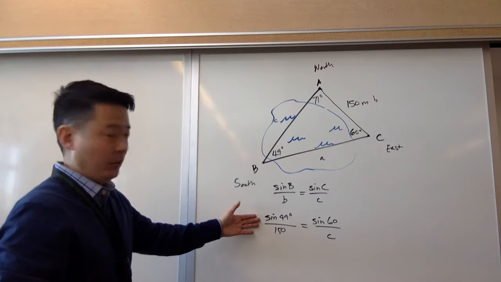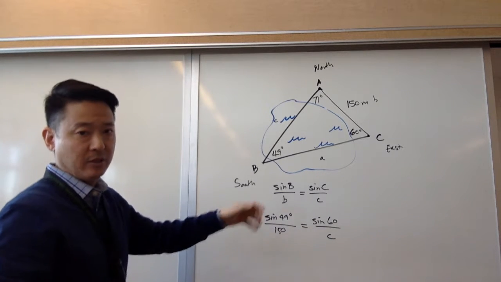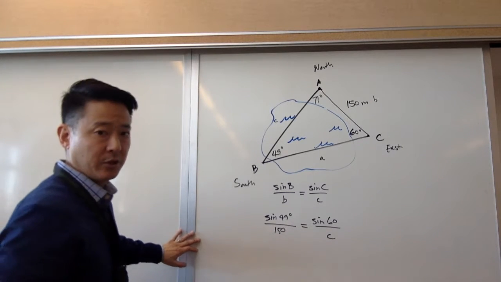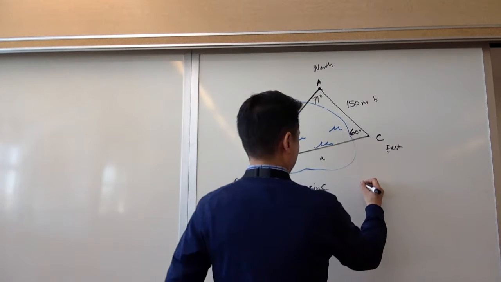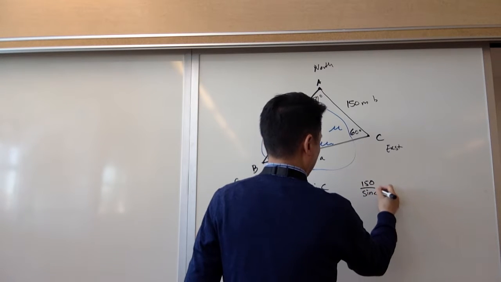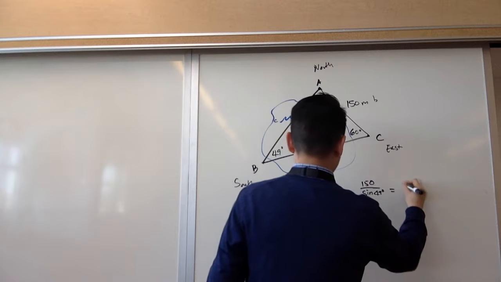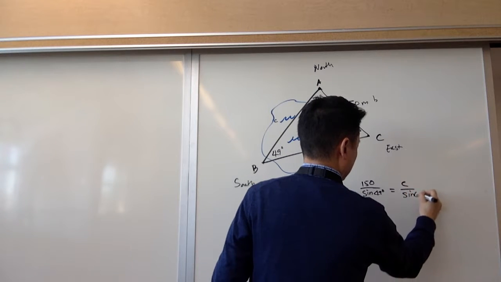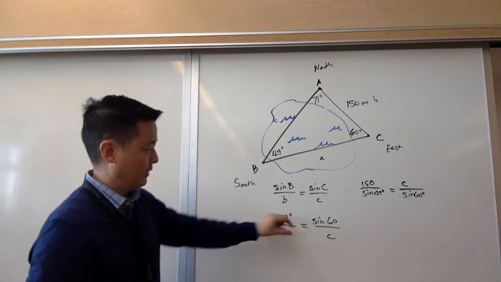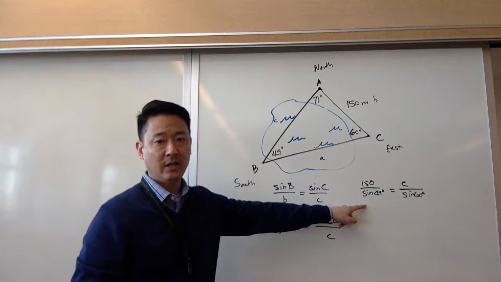So we know that with this proportion, we can flip these or use the reciprocal of both of those and still have a valid proportion. So that gives us that 150 over sine 49 degrees is equal to c over sine 60 degrees. So we've just taken the reciprocal of this equals the reciprocal of that right here.